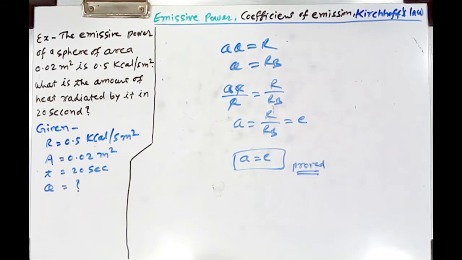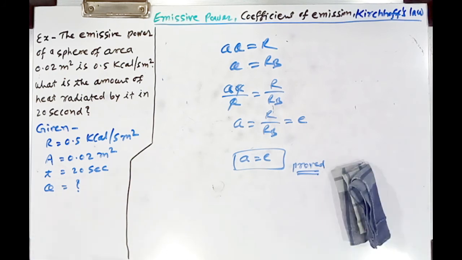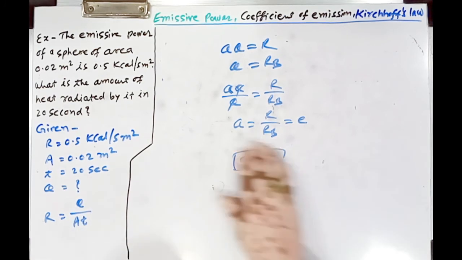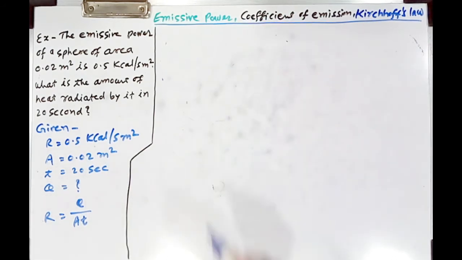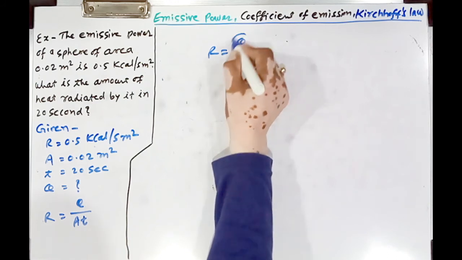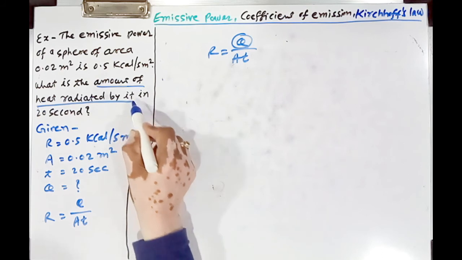Now, we have to solve our numerical example. The numerical example is based on emissive power. So, the formula for emissive power is R is equal to Q upon A T. By using this formula, we can solve our numerical example. We have to find Q, the amount of heat radiated by the sphere.